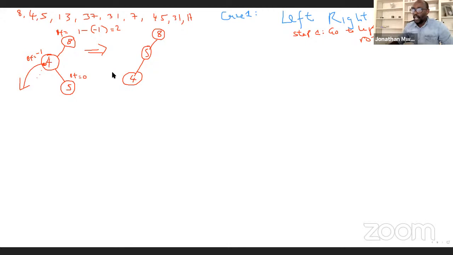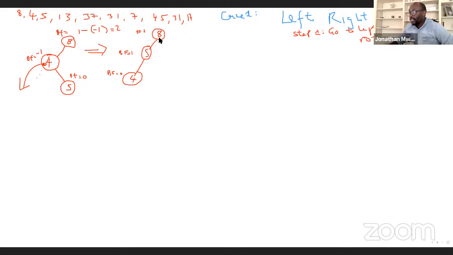And if we check the balance factor here, it is 0. Before we had -1, so this will be 1 because it will be 0 minus -1, and the balance factor here is 2, right? So what kind of problem have we created?